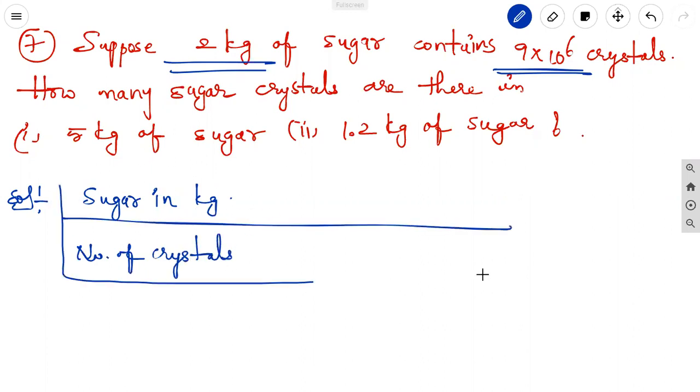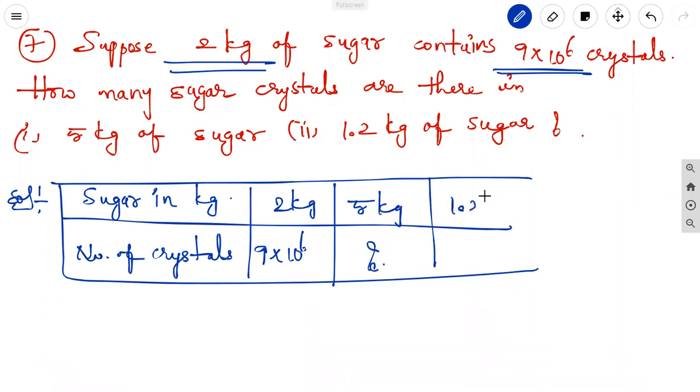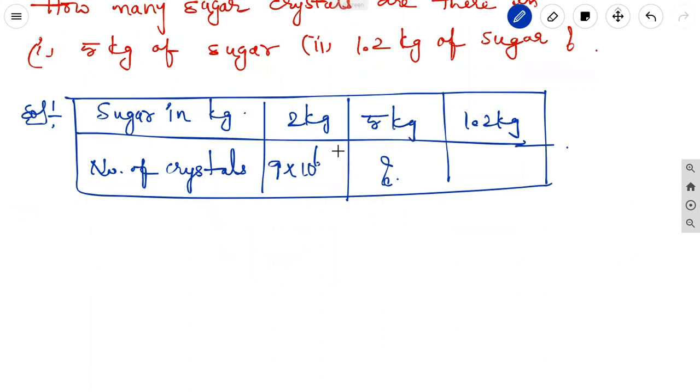Here, 2 kgs of sugar contains 9 into 10 power 6 crystals. How many sugar crystals are there in 5 kgs of sugar? And 1.2 kgs of sugar contains how many crystals? Here, this is also in the direct proportions that depends on the weight of the sugar only.